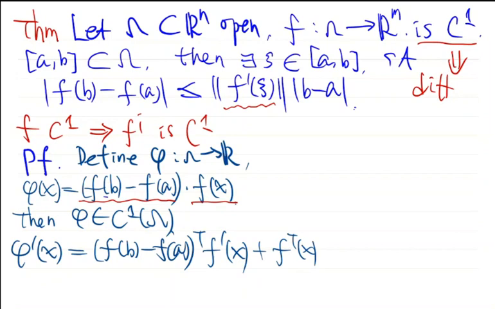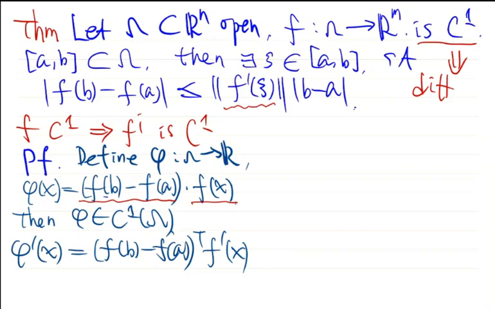But the other factor, fb minus fa, is constant. Therefore, the derivative of the constant map fb minus fa is 0, so this term will not appear. So the derivative of phi is given by this formula.